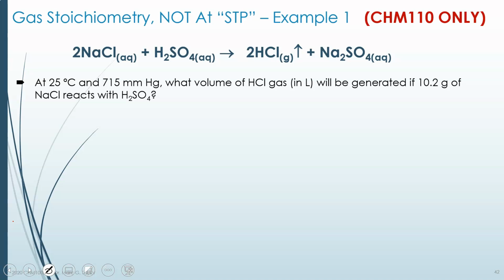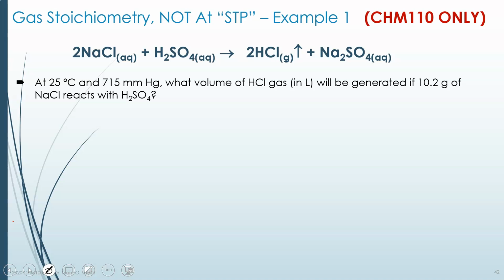And the question says at 25 degrees C, so already you should be thinking you need to turn this into Kelvin, and 715 millimeters of mercury. Remember to use the right R value when you're using the ideal gas law. What volume of HCl gas in liters will be generated as 10.2 grams of NaCl reacts with sulfuric acid?